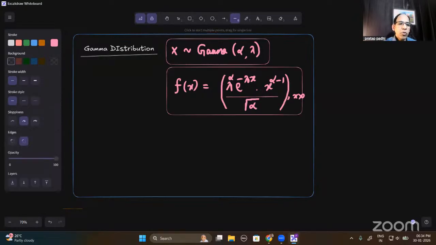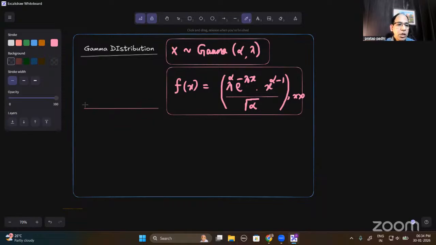I already showed you the graph is like this. When I say positively skewed, you need to remember it. This is very important. In interviews, you will be asked about positively skewed. Positively skewed means there is a long tail towards the positive side.